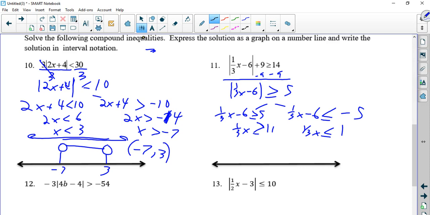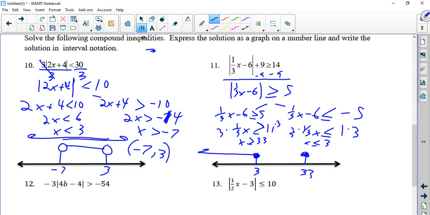Now, how do I get rid of the 1/3? I'm going to multiply by 3 everywhere. So the third cancels, and I get x is greater than or equal to 33, and x is less than or equal to 3. So here's my 3, here's my 33. They're both solid dots, or equal to.